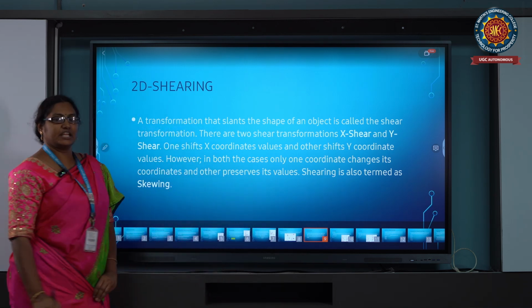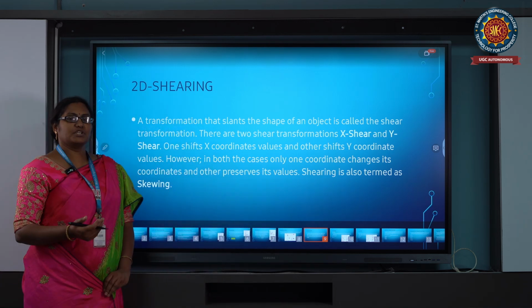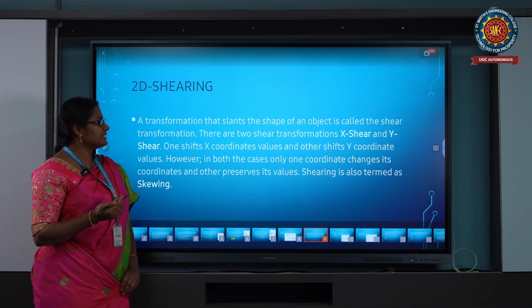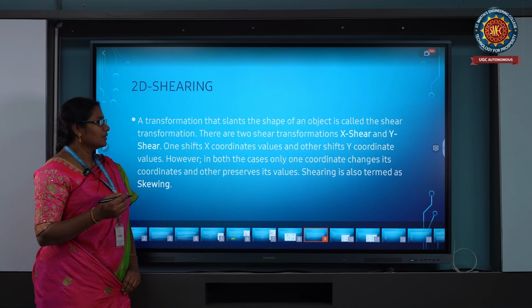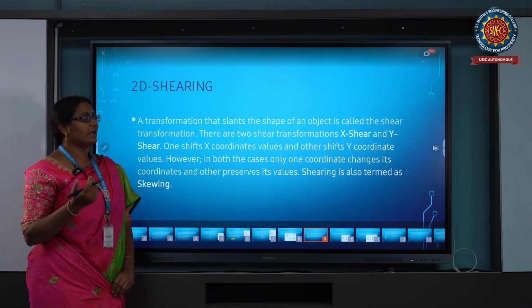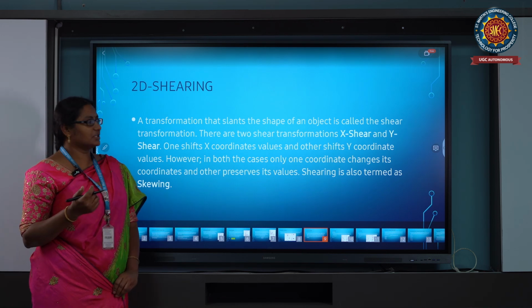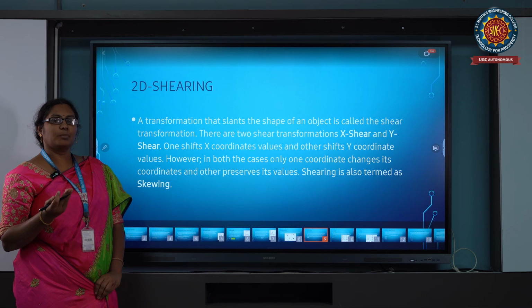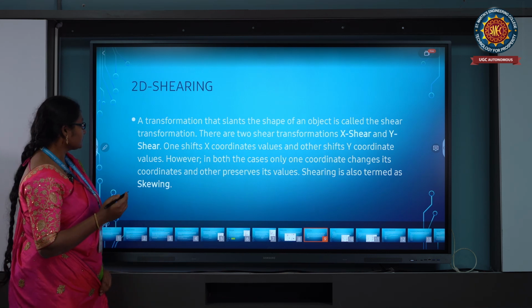Next, what is shearing? In the shearing transformation, the original point is x and y, and shearing is of two types: x shearing and y shearing. In two directions, we are changing the shape of the image.